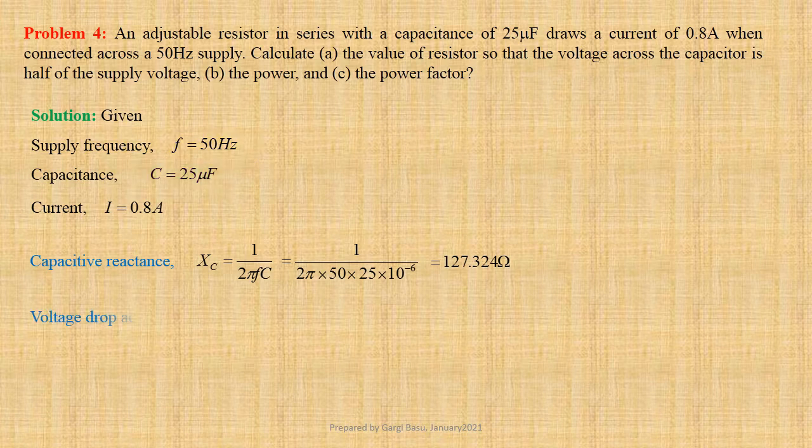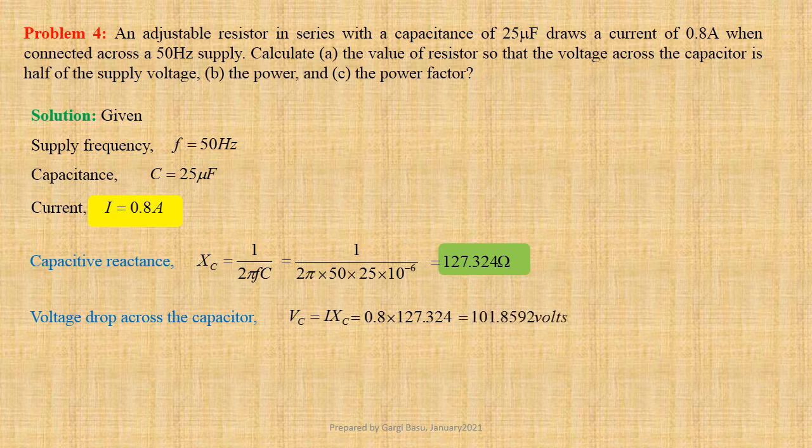Now let us calculate the voltage drop across the capacitor. Vc equals I into Xc. Putting values, we get 0.8 into 127.324. That gives us 101.8592 volts. According to the problem statement, the voltage drop across the capacitor is half of the supply voltage.